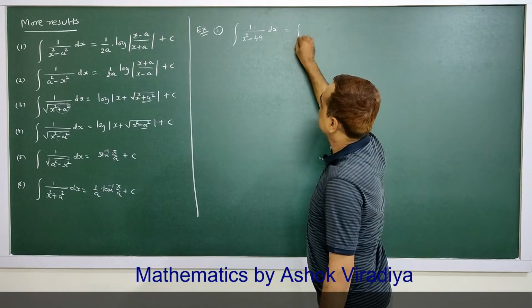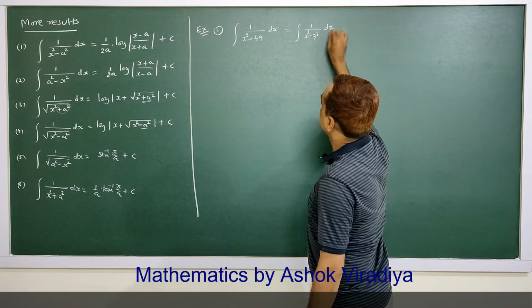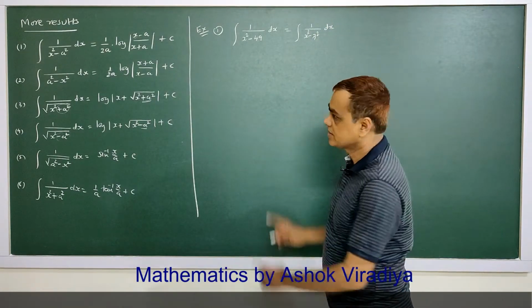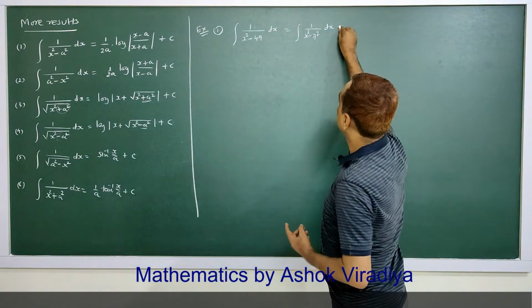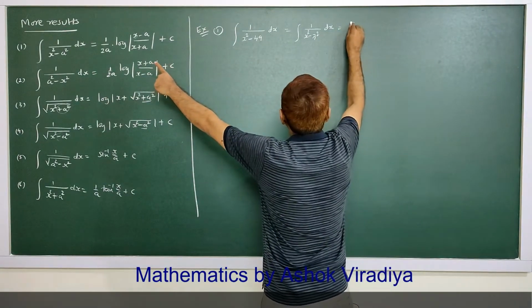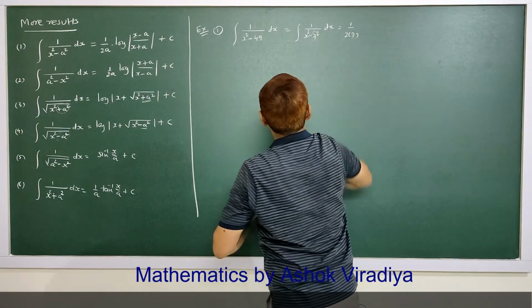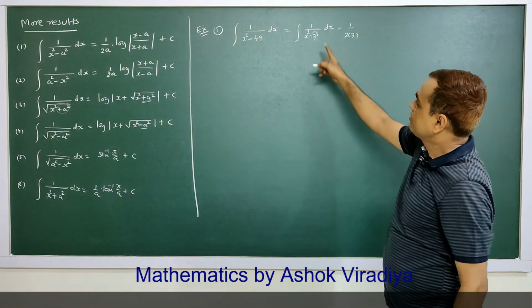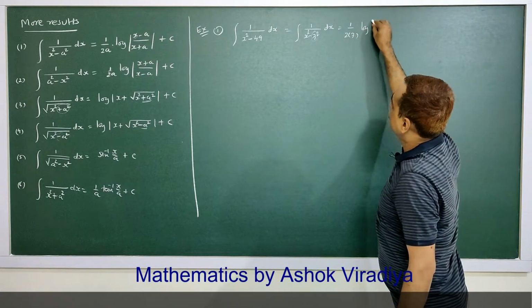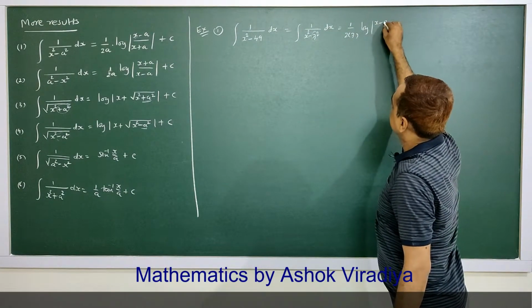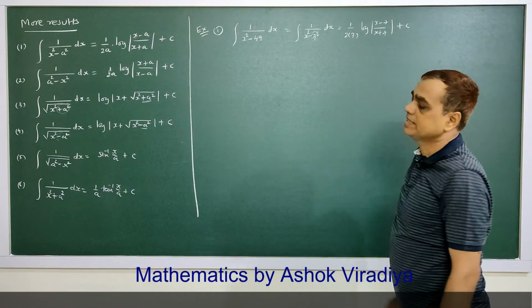So look at this as 1 upon x square minus 7 square. So by this formula, 1 upon 2a, this is our a, log mod x minus a upon x plus a plus c.